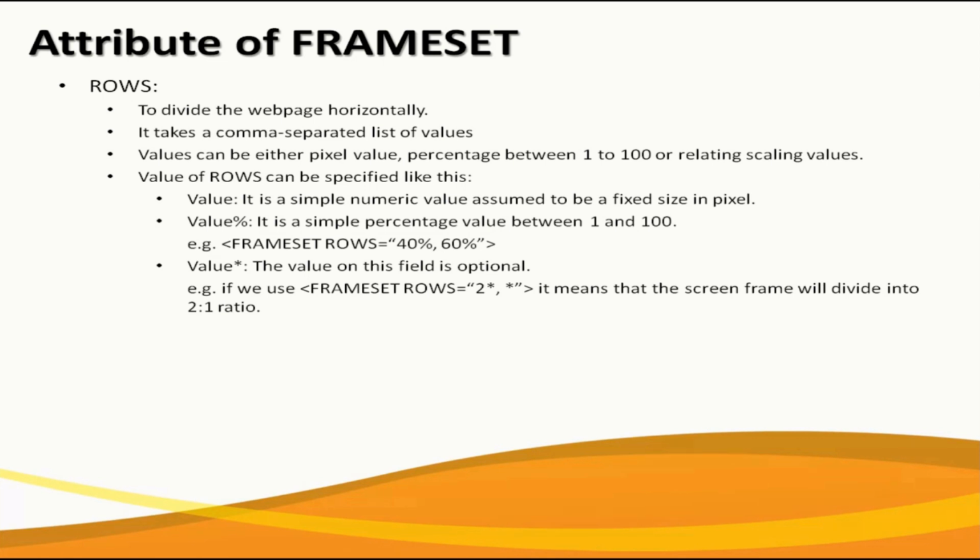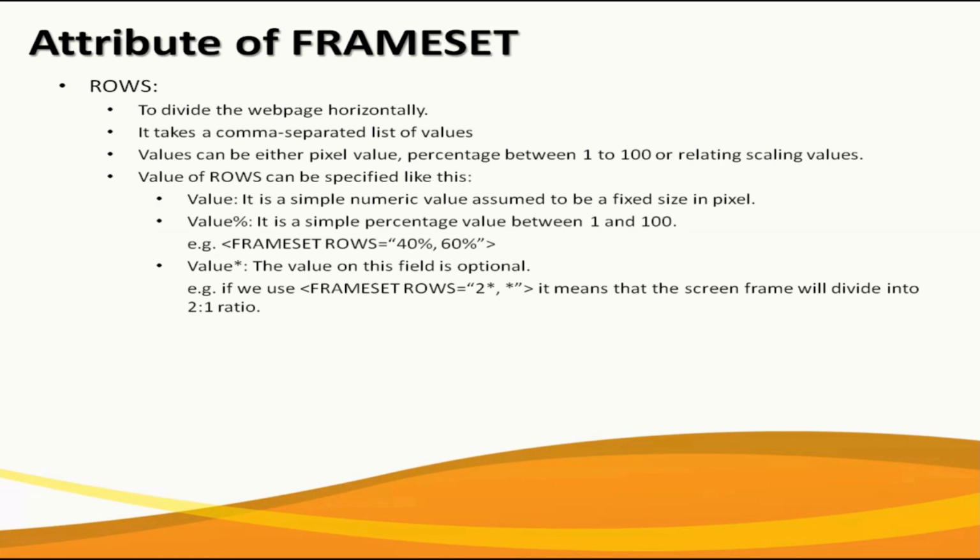First one is a simple numeric value, assumed to be a fixed size in pixels. This should be used carefully since the size of the viewer window can change substantially even with a slight change in the value. If fixed values are used, they should be used in conjunction with one or more relative size values. Otherwise, the browser will override the specified pixel value to ensure that the total proportion of the frames is 100% of the width and height of the user window.